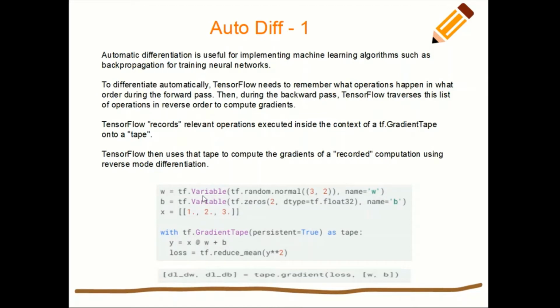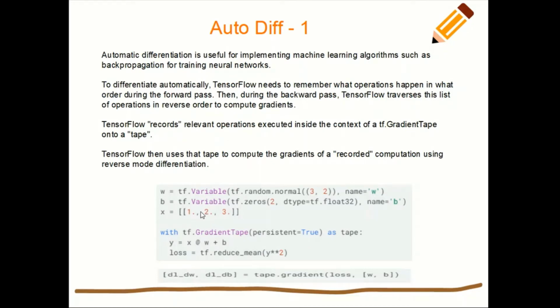So let's quickly see what we are doing here. We have this variable w which is initialized to some random values in a shape of 3 by 2, and then we have a bias which is initialized to a shape of 2 with a float type. So we have a weight and a bias, and this is our input data, 1 to 3.